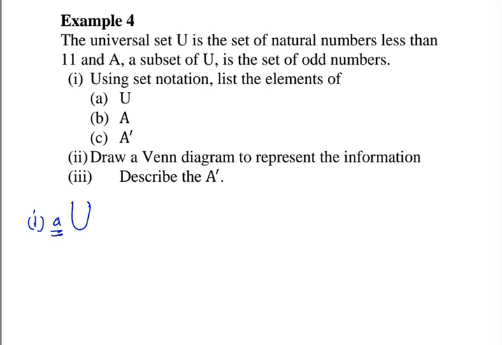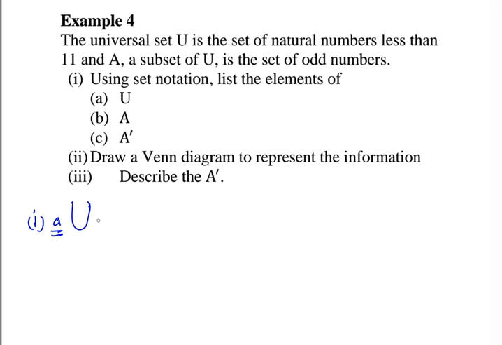The universal set U is a set of natural numbers less than 11. A is a subset of U, and A is the set of odd numbers. Using set notation, list the elements of the set U.